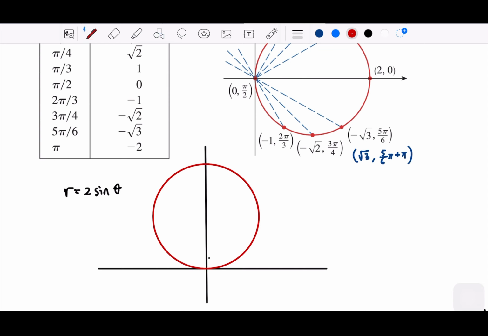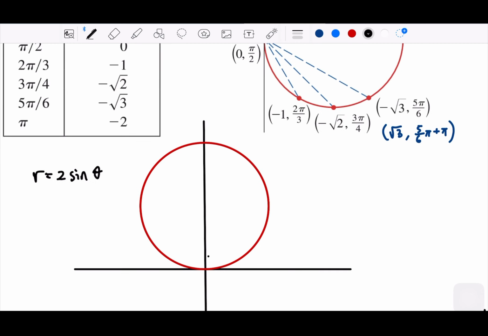You will get this. Because when sine is 0, it's perfectly 0 here. So this is for 0.